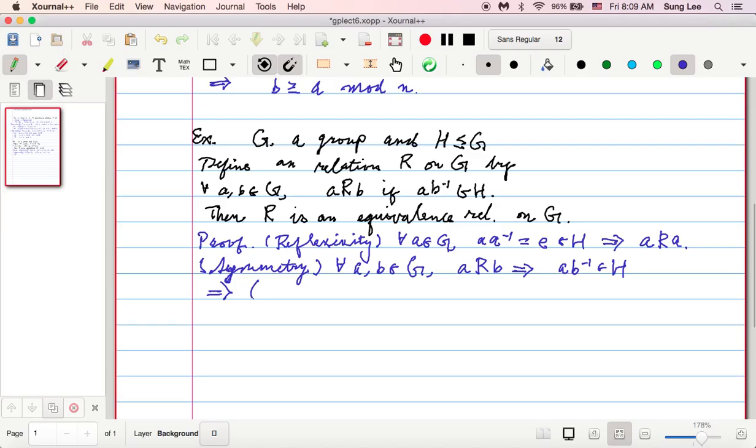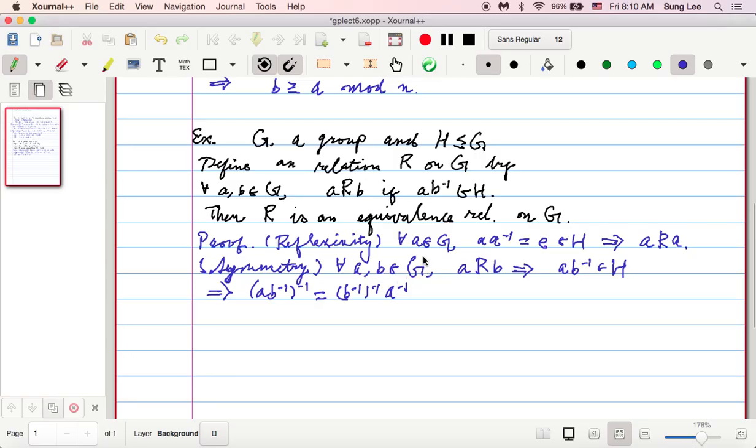So here, (a b inverse) inverse. What is this? This is actually (b inverse) inverse times a inverse. This is one of the group properties. I know that this is one of the exercise problems; you will find it in one of those problem sets.